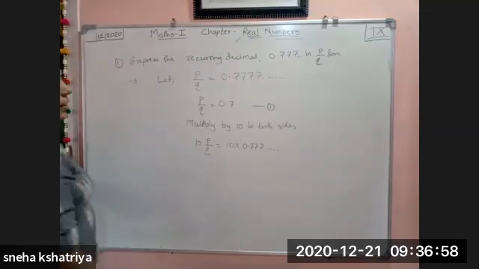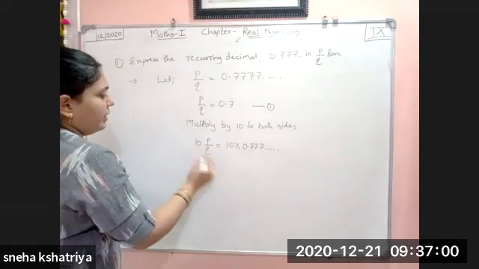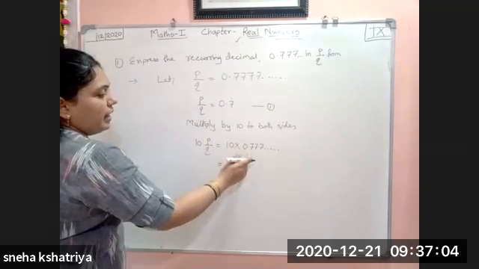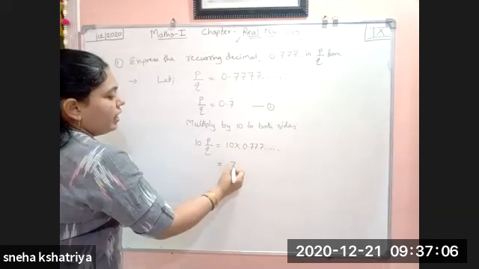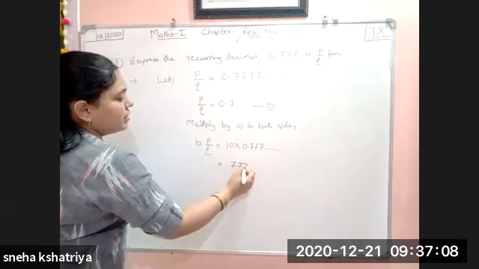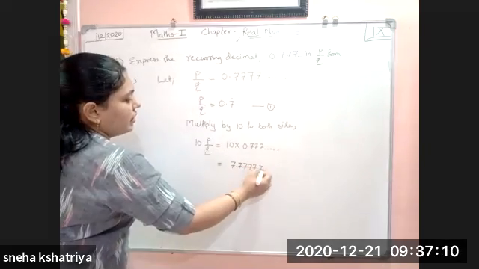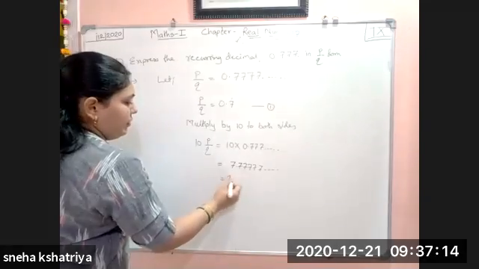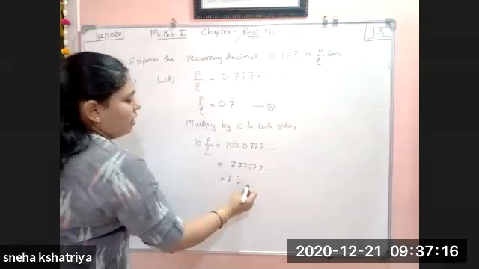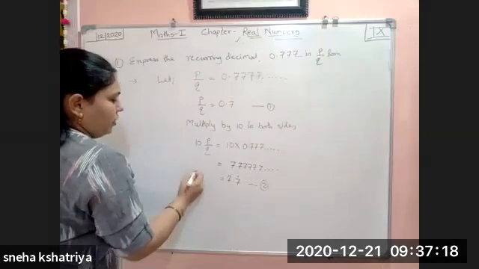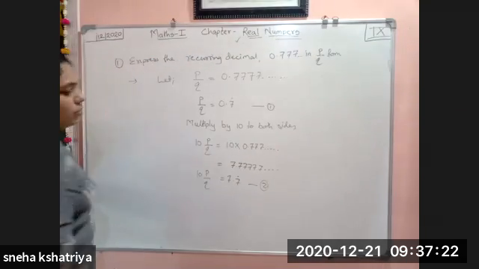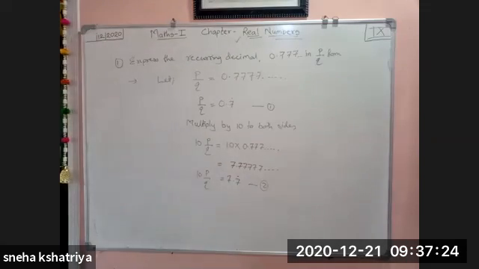Now if we multiply by 10, the left hand side is same, but the point will shift. It will become 7.77777 and so on. 7.777 means 7.7 and a dot. Equation number 2: 10 P upon Q is equal to 7.7 dot.